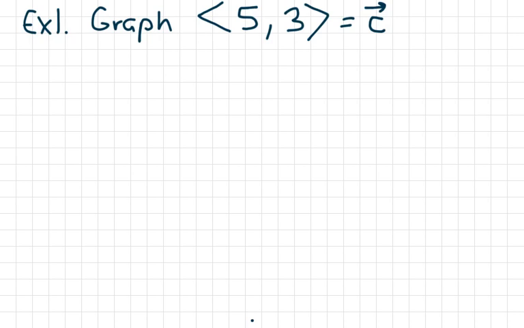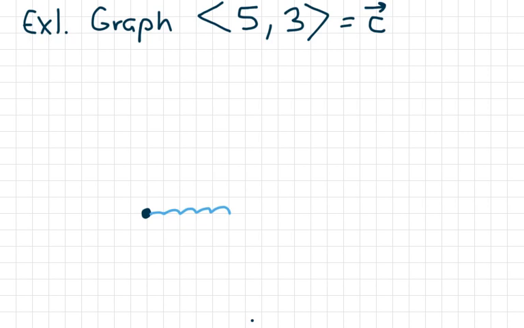Good question. All right, so you can start anywhere you want. I'm just going to start randomly here. That's where I'm starting. And from that starting point, I have to go right 5. So I'm going to count 1, 2, 3, 4, 5.